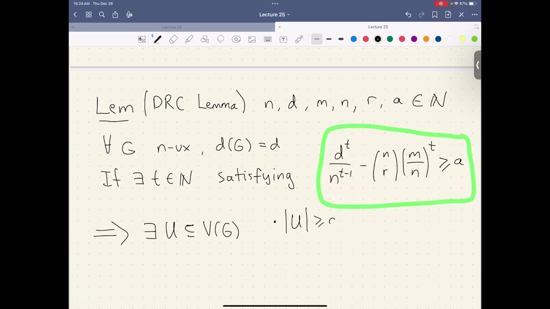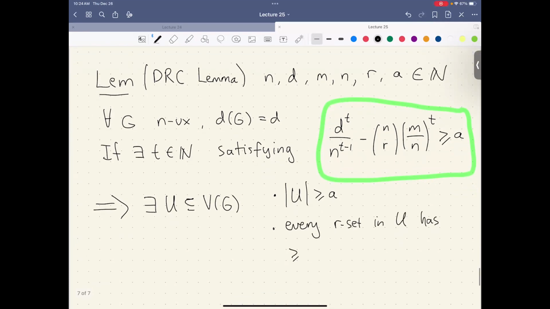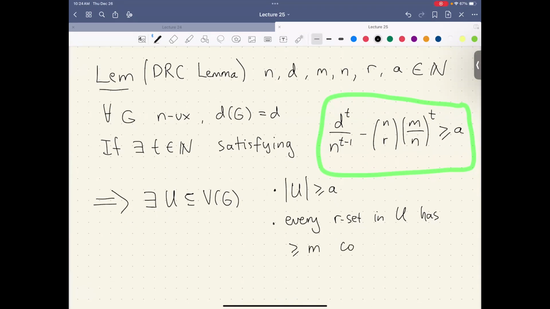U is at least of size A. And every R set in U has at least M common neighbors.